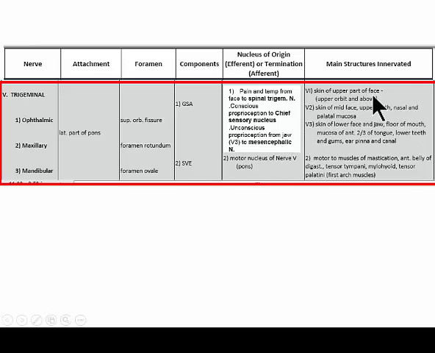So you've got skin of the upper face, skin of the mid face, upper teeth, palatal mucosa, skin of the lower face and jaw, floor of the mouth, mucosa, the anterior 2/3 of the tongue, that would be like lingual stuff, lower teeth and gums, ear pinna, and canal. Remember, it gives rides to all these parasympathetic fibers, but it itself does not have any parasympathetic fibers. And don't forget tensor tympani, mylohyoid, tensor palatini, first arch muscles. These are all SVE here.